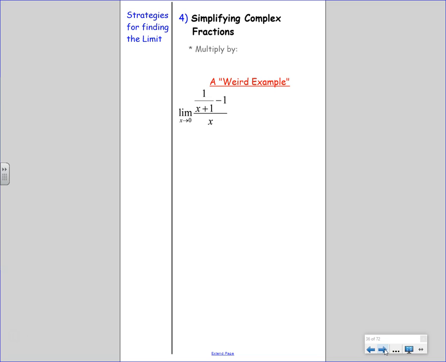Do you guys remember my trick for simplifying complex fractions? The common stuck denominators. Multiply the stuck denominators, and multiply top and bottom, the conjugate.